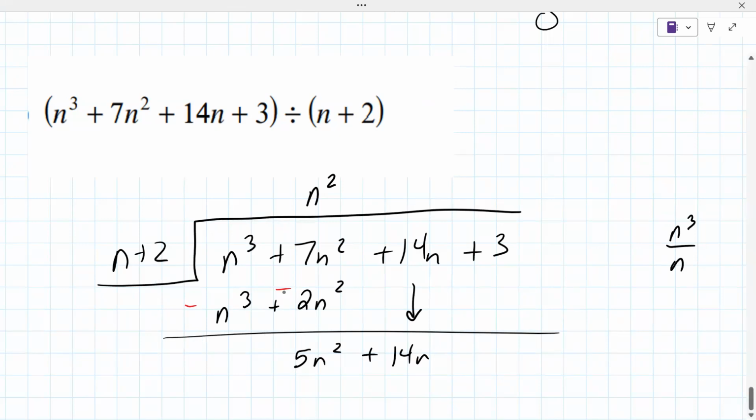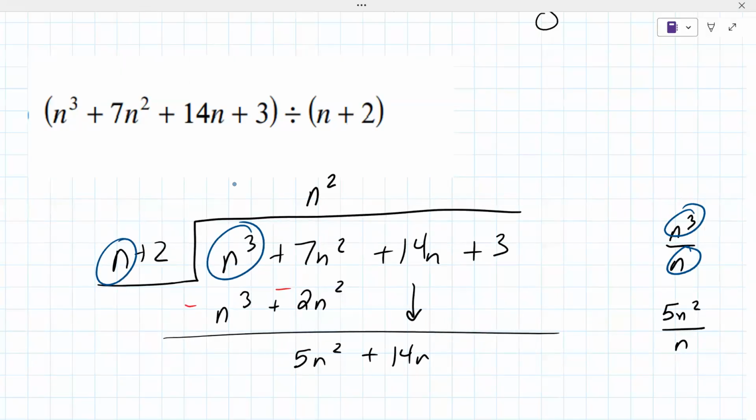You now take the leading one and divide it by n. Focus on the leading positions here: this divided by this, n cubed divided by n.